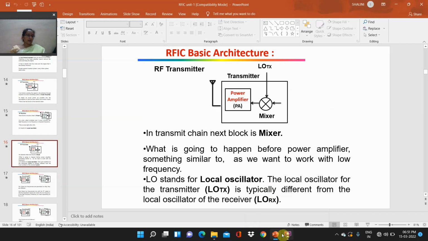The local oscillator can give low frequency signals or high frequency signals. LO stands for local oscillator. The local oscillator for the transmitter is also typically different from the local oscillator of the receiver. That is, LO TX is different from LO RX.